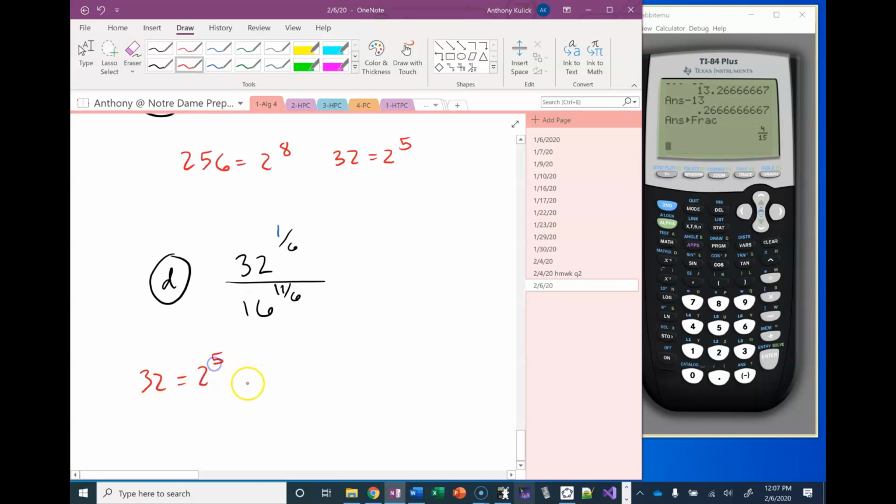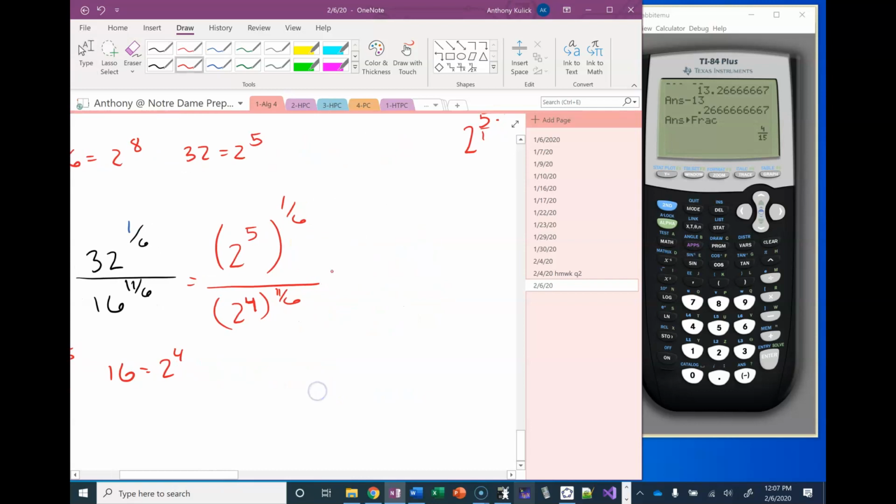So 32 is 2 to the 5th. 16 is 2 to the 4th. So there's that. Everybody okay here?